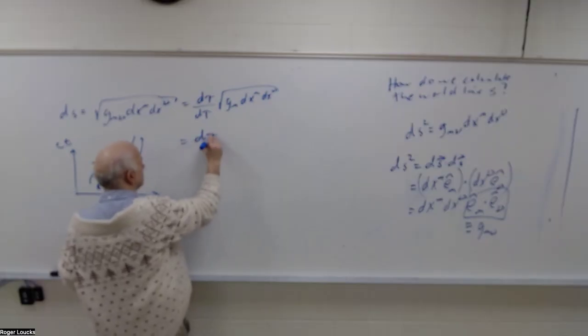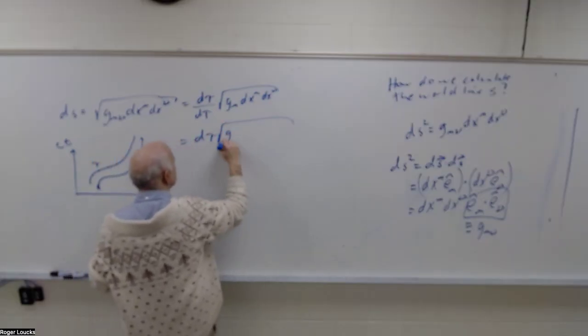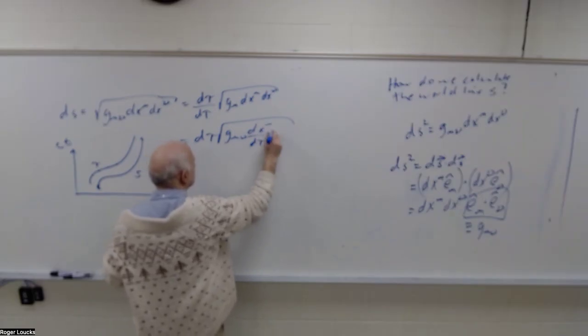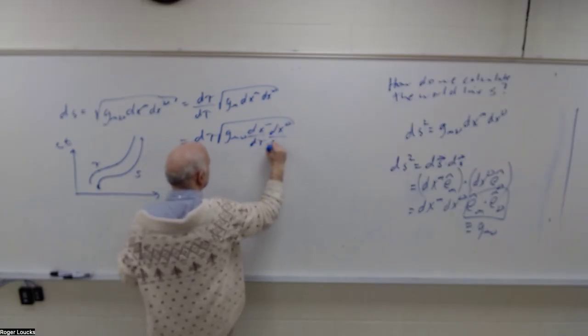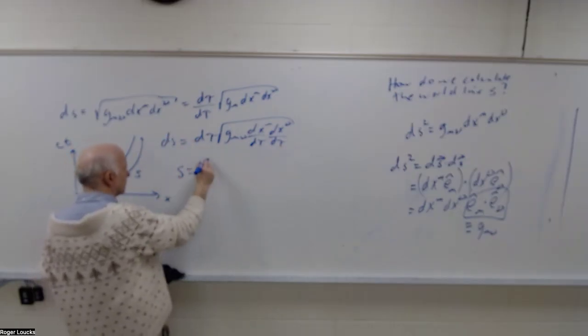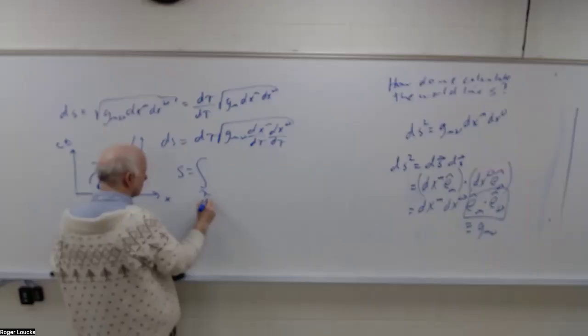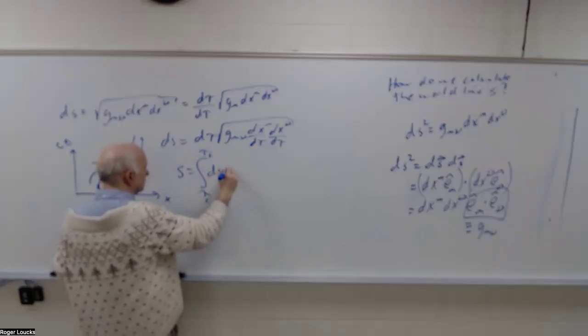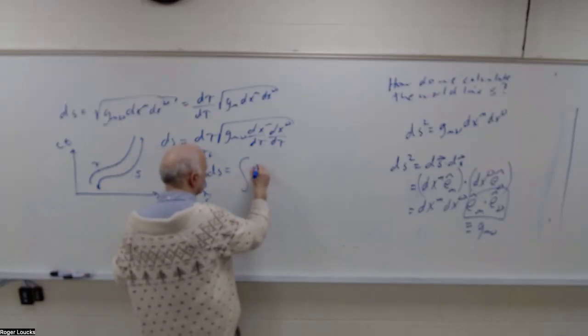And that gives me d tau times the square root of g mu nu dx mu by d tau dx nu by d tau. This is my ds. So my s is going to be the integral from some tau initial to tau final of ds, or this guy here.